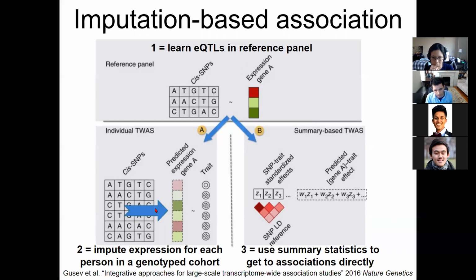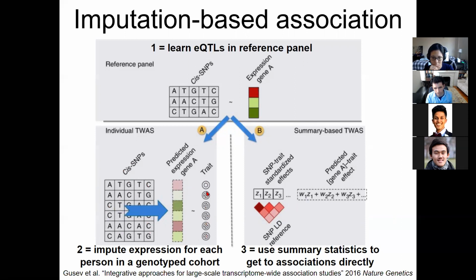But if I instead realize that it's a linear relationship between these SNPs and the expression, the same linear relationship allows me to predict expression using multiple SNPs at one location, and then predict the relationship with the trait from the predicted expression.